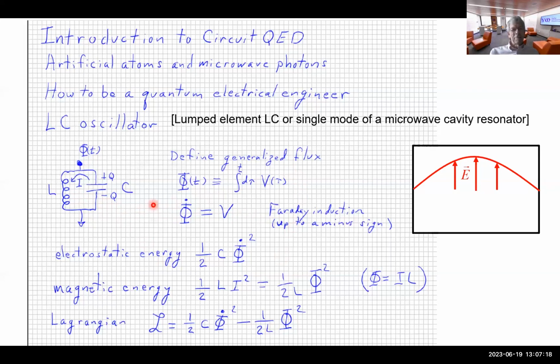Now, this is a lumped element oscillator. It's an appropriate approximation when the wavelength corresponding to this frequency of oscillation is much larger than the size of the object.